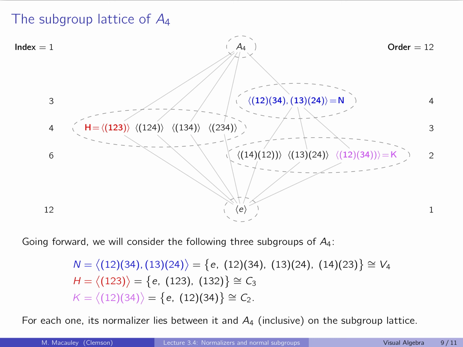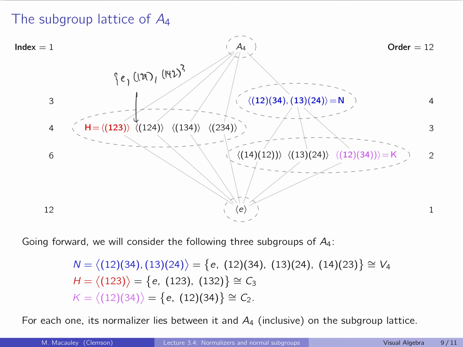You've got to be careful. It's not the case that (1 2 3), this permutation, is conjugate to every other 3-cycle. That happens in the symmetric group, but not the alternating group. And it may not even be the case that (1 2 3) is conjugate to (1 2 4). I don't remember. But this subgroup right here consists of the identity, (1 2 4), and the inverse of that, which is (1 4 2).